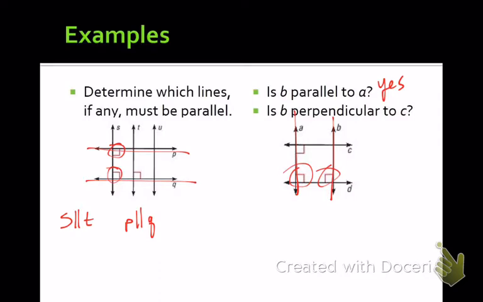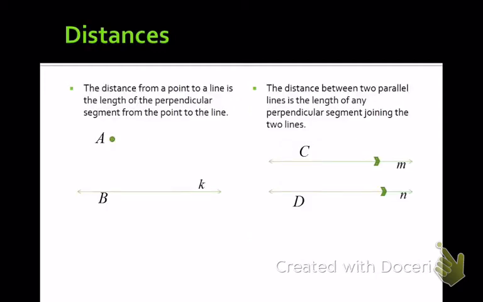And the answer to that is yes. And the reason why is because C is perpendicular to A, and now we know that A and B are parallel. So that means that B has to be perpendicular to C as well. So that's a yes. Okay? And we can use that information as we see fit.